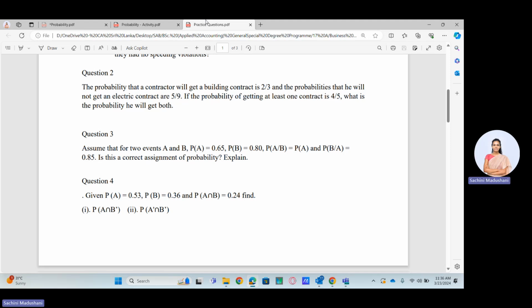Then this is the proof here: this is B and this is A. The first part says A dash. A dash means A will not occur. It means this area is the A dash. Then the other one says B dash. B dash means not including the B. B will not occur means this one and this one.